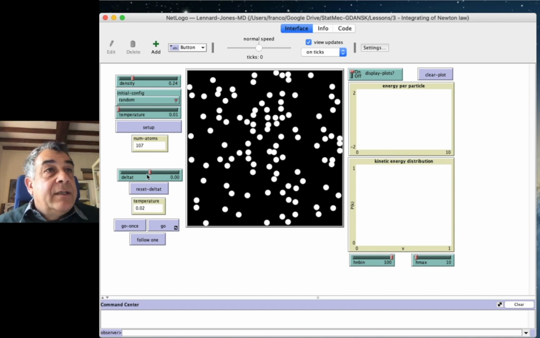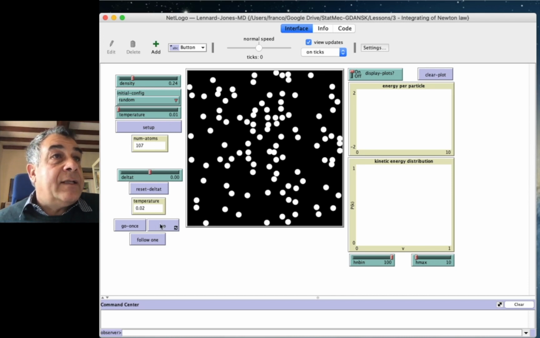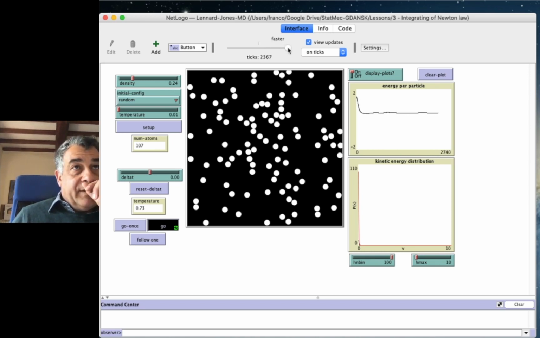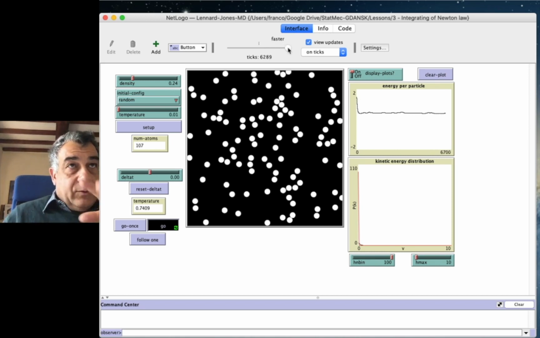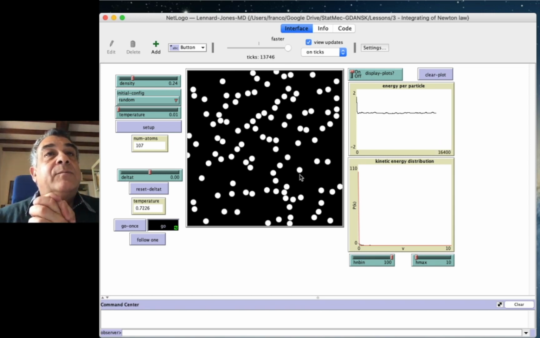We can also fix the initial temperature, which is just the kinetic energy of the particles. Clearly this is a quite slow system, so we have to lower the refresh in order to see actually the particles that move.